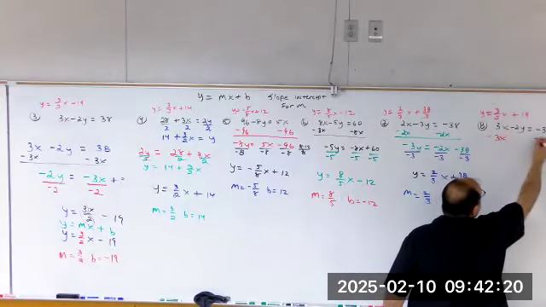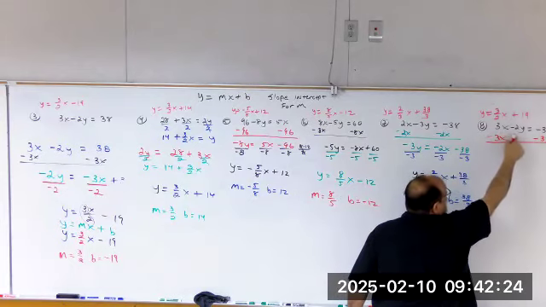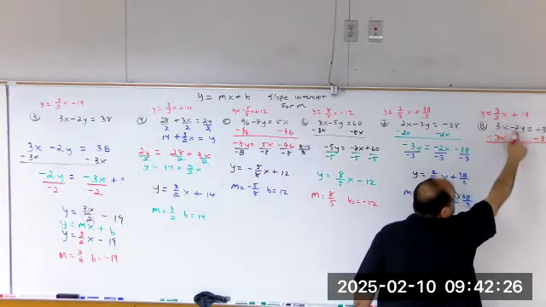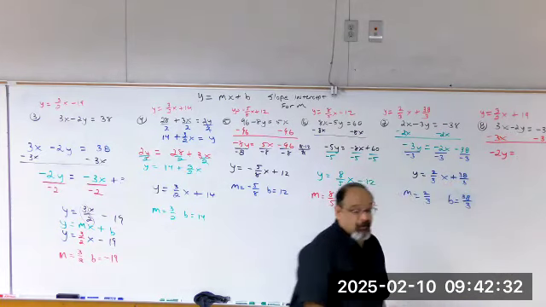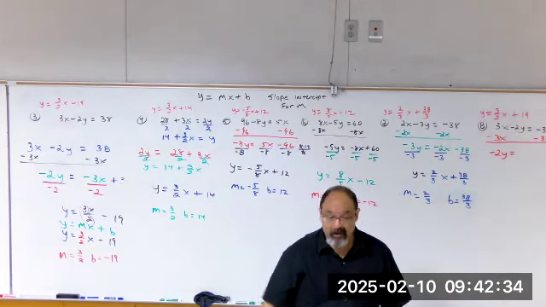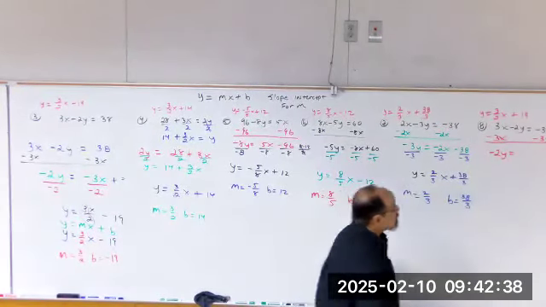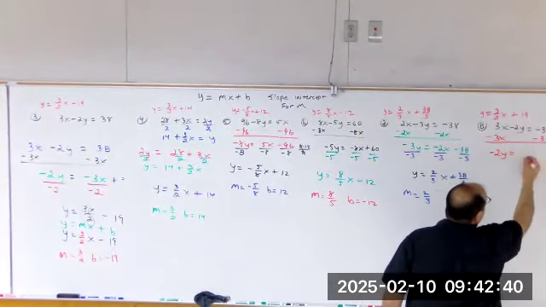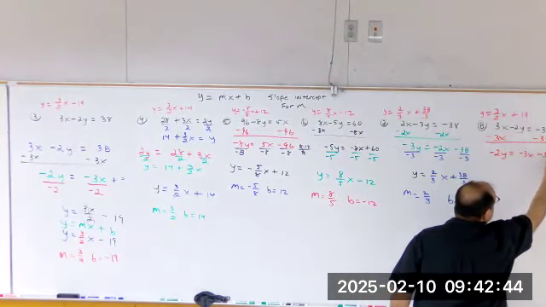Subtract 3x. And we end up with a negative 2y. If it was a plus 2y, then it'd be plus 2y. But it's a negative 2y. And I kept putting negative because what gets lost from first step to second step is that negative. So negative 2y equal to a negative 3x and a negative 38.